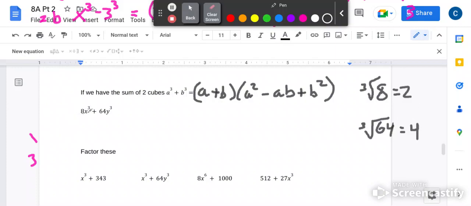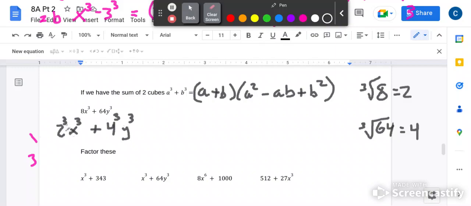So when we have 8x cubed, this really is 2 cubed x cubed, and the 64y cubed is really 4 cubed y cubed. So we're going to use 2x and 4y as our a and our b.